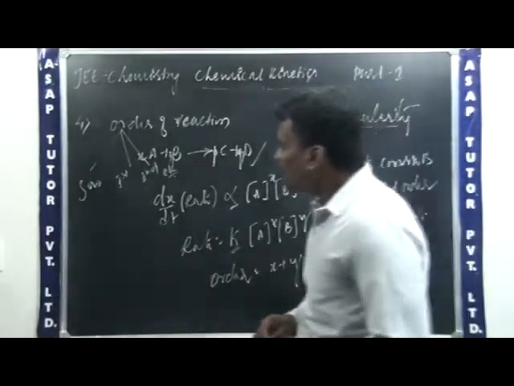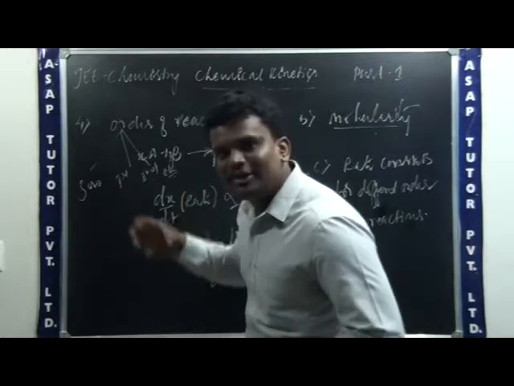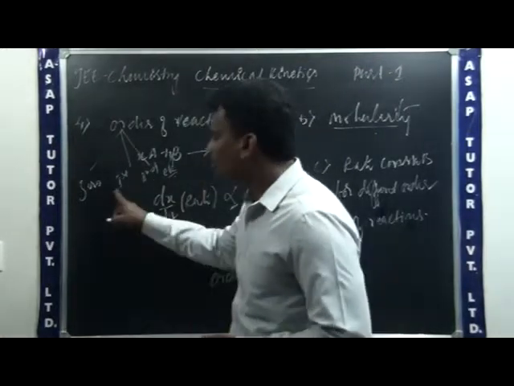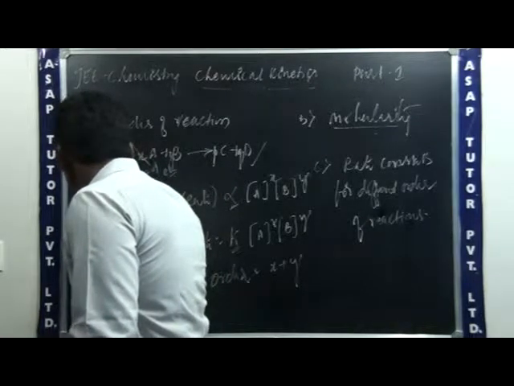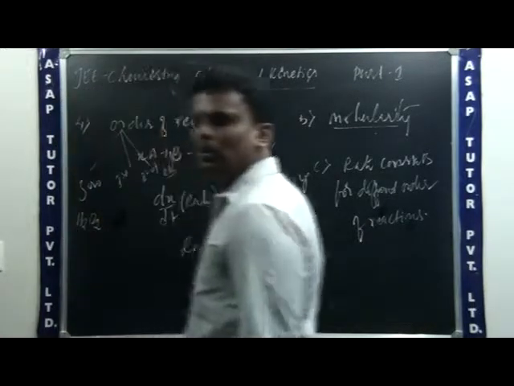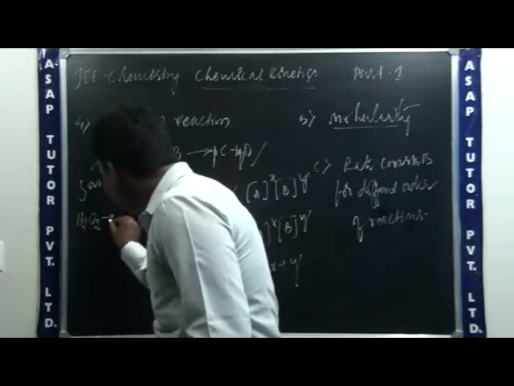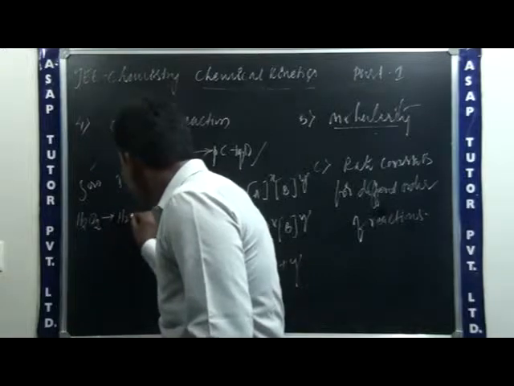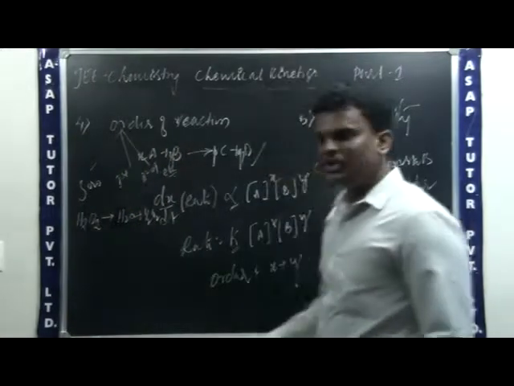After mentioning the different kinds of order of reaction, we need to mention examples. I will take the dissociation of hydrogen peroxide, H2O2. On dissociation, there is a formation of H2O plus O2.